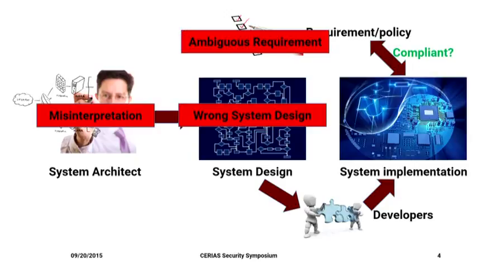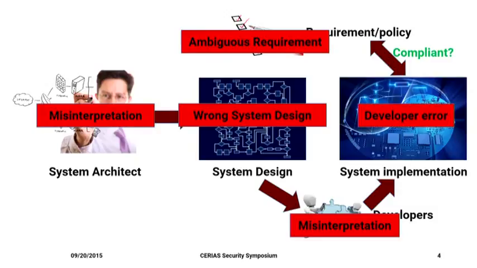Or the requirement or policy that's given is ambiguous, so you can interpret it differently. Or the developer misinterpreted something while implementing it. Or the developer understood everything, but made a mistake while coding. This is very common. Developer errors are everywhere.